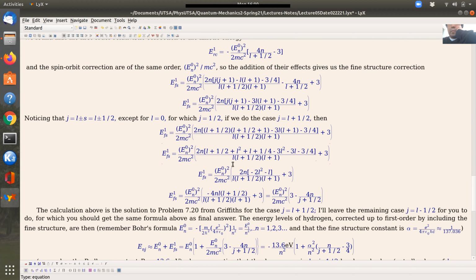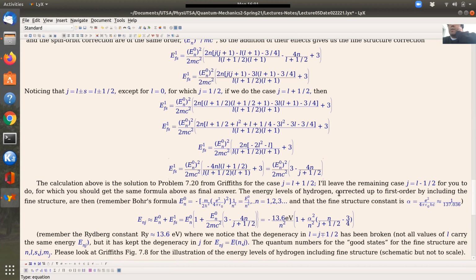I'll just have minus 4n divided by L plus 1, which is equal to J plus 1/2 from this formula for the plus case, of course. And this looks quite clean. So again, this is the calculation for the case where J is equal to L plus 1/2. I'll leave you the case of J equal to L minus 1/2, which excludes the case L equal to 0, for you to do in the homework. So it's similar in this fashion.